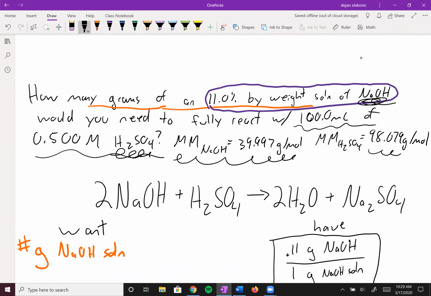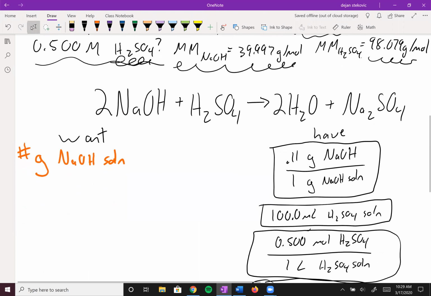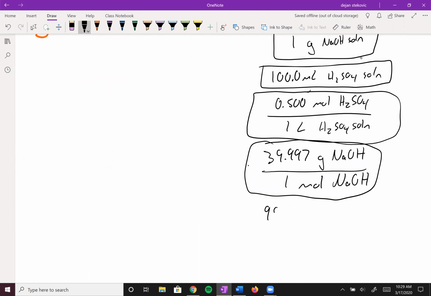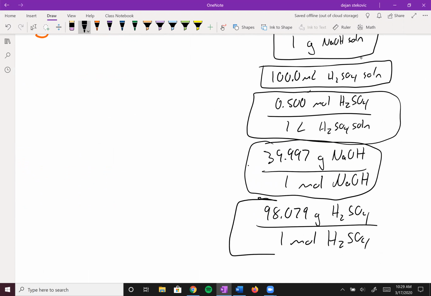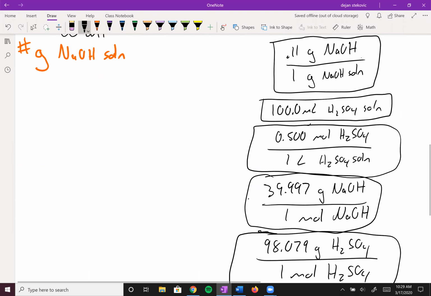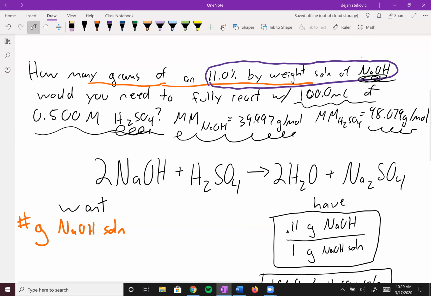It also gives us the molar mass of sulfuric acid, 98.079 grams of H2SO4 over 1 mole of H2SO4. You should be very comfortable going from moles to grams using molar masses. These are numbers you'd pull off the periodic table, but in the interest of time on a test, they will often be given to you, and then you'll have a separate question making sure you know how to do this.